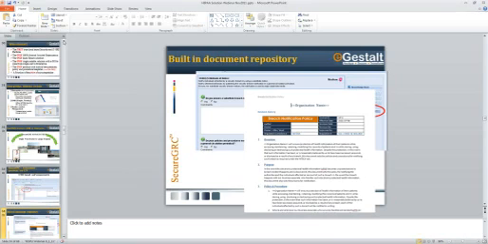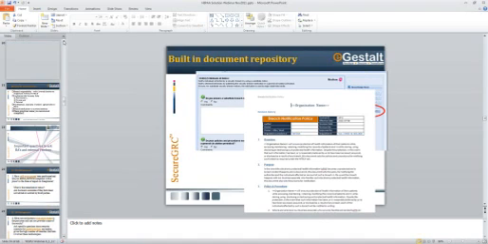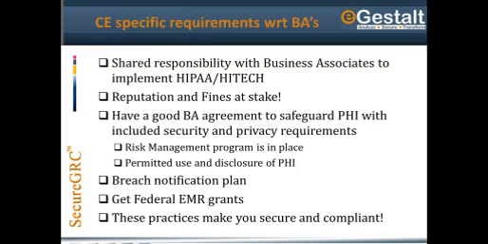And if they're not ensuring the privacy and security of the patient data, then they essentially will be held accountable in a way, because their patients might sue them, right? Or you might get audited, where both the covered entity and the business associates will be jointly responsible. So there is certainly a shared responsibility there.